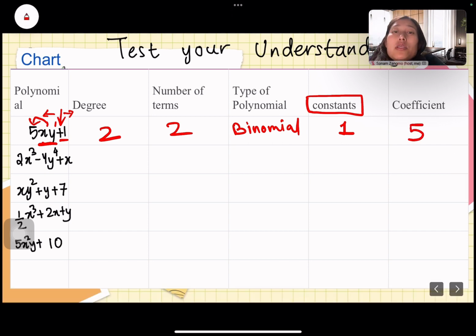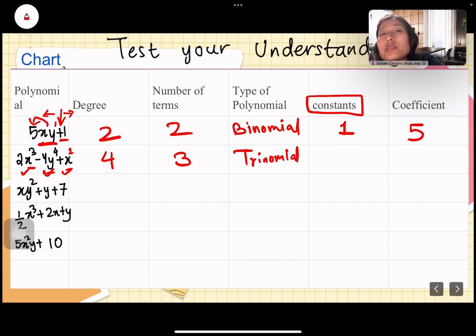Now similarly here, when you talk about degree, you directly look at the variable and then compare the exponents, so you have highest exponent 4. Here we have 1, 2, 3 terms, so number of terms is 3 and it is known as trinomial.